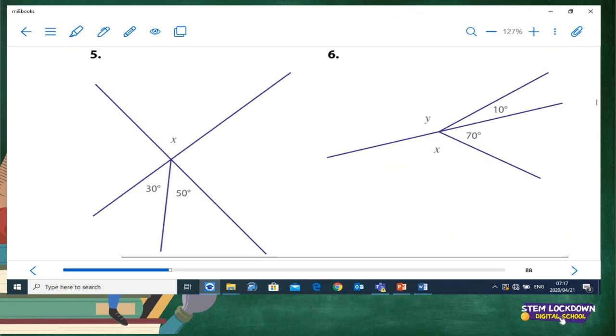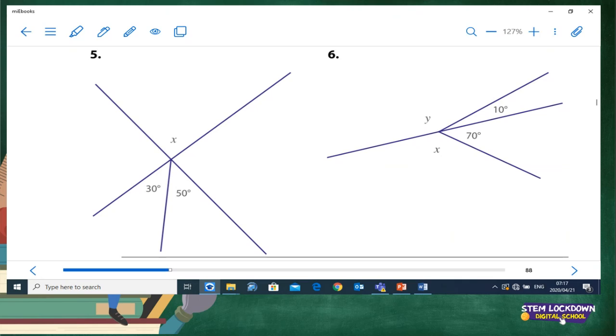So you have to subtract 10 degrees from 180. And of course, if you subtract 10 from 180, you'll be left with 170 degrees. So therefore, the value of y will be 170 degrees, whereas the value of x will be 110 degrees.